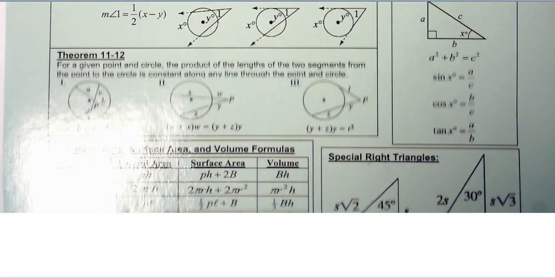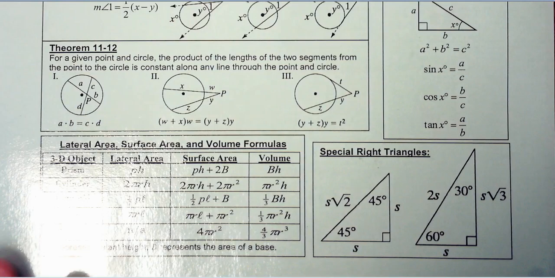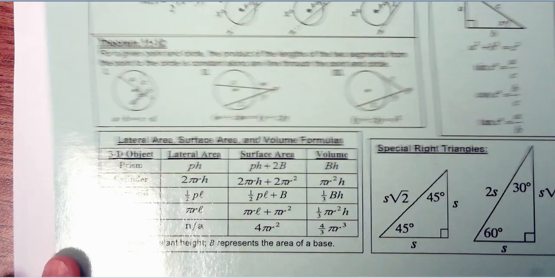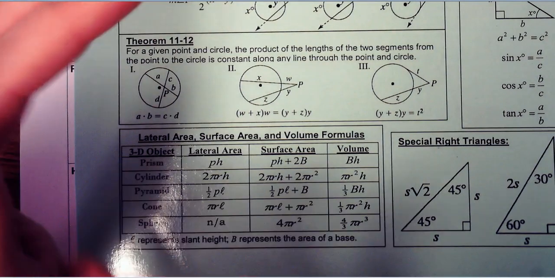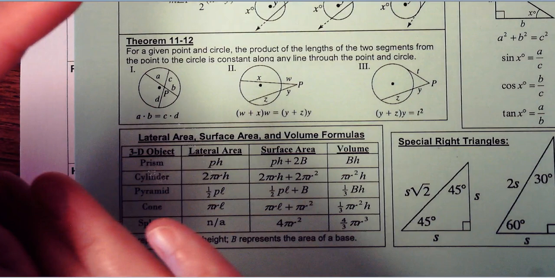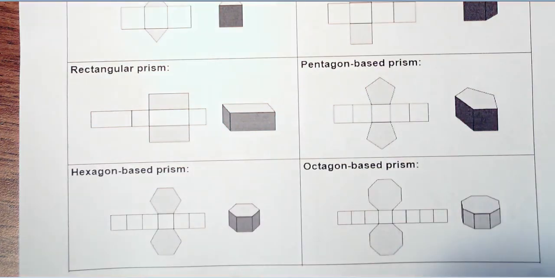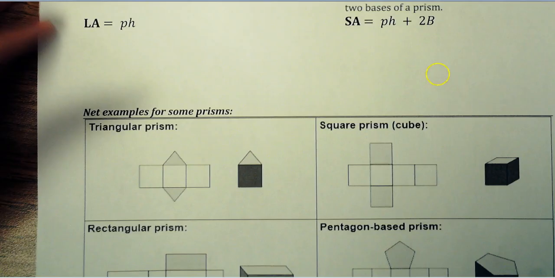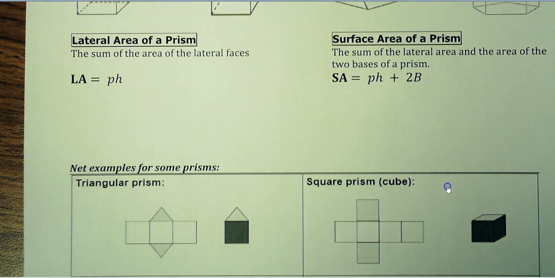Sorry about the glare. Let me move that up, see if that'll fix the problem. Of course not. So the lateral area and surface area formulas are in the bottom left corner. If you have this at home, of course you can use those formulas for tests and quizzes, or you can use your notes too, but these formulas are available to you.